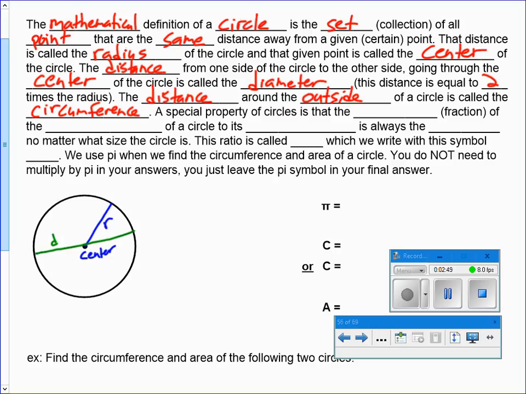A very special property of circles, it's not true for any other type of shape, is that the ratio of the circumference to its diameter is always the same.